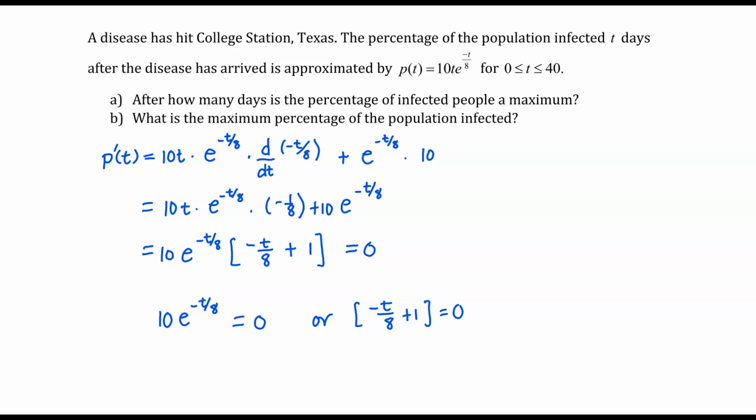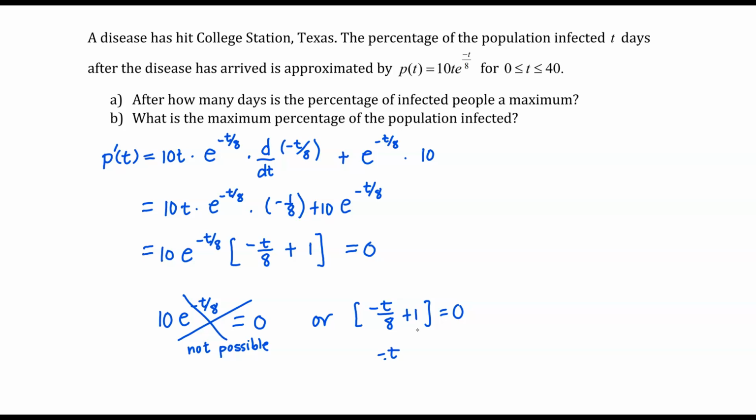Now, note that an exponential function will never be 0. That will not cross your x-axis. So this means that this case here is not possible. Okay, so we only need to consider this part here. So we solve for t here.